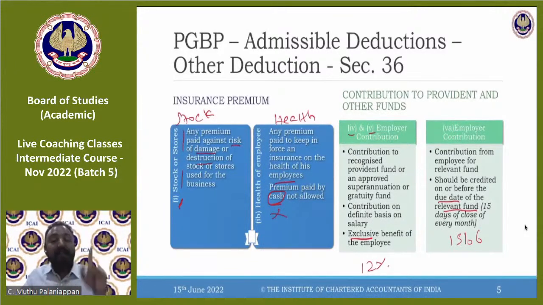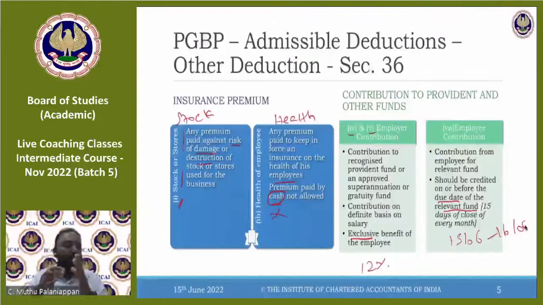But in the employee contribution, I am saying it must be paid within the due date specified in the act. That is 15th of the subsequent month. It is mandatory. So if you are paying it on 16th, it is not allowed. Whatever you have paid on 16th June for May month is not an eligible expenditure for business purposes. So that is the importance between employer contribution and employee contribution.